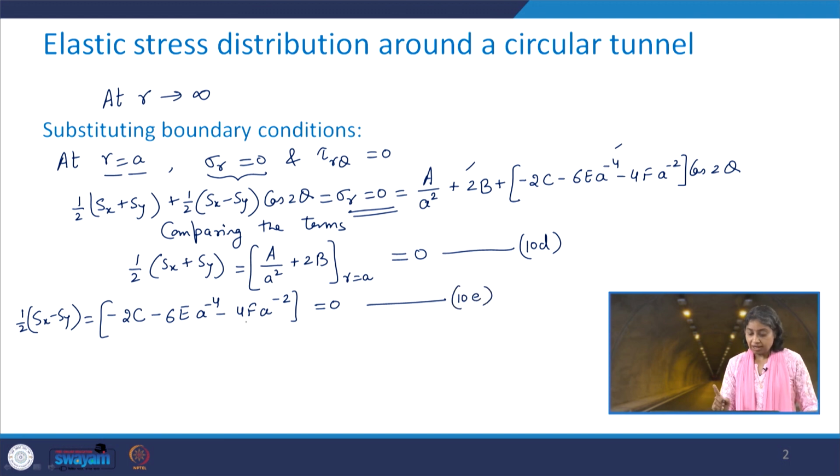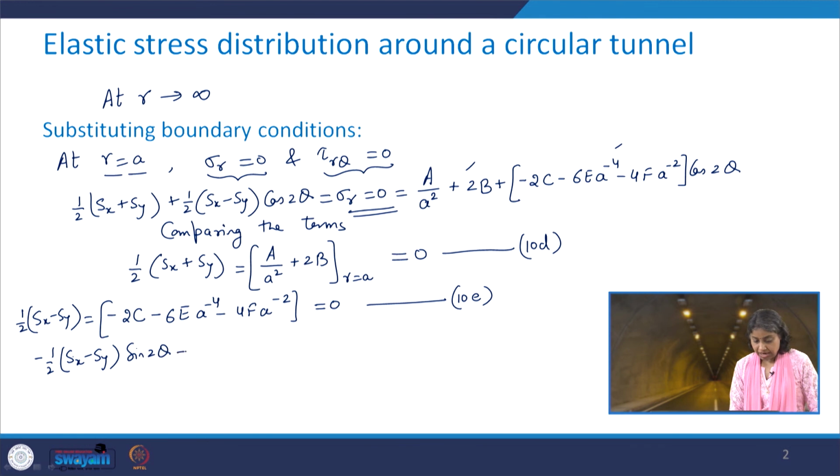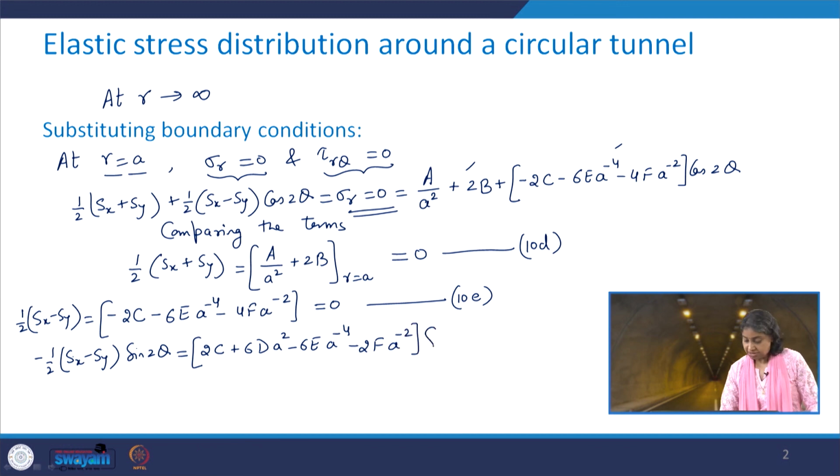We have another condition, that is tau r theta equal to 0. We do a similar exercise with reference to that. What we are going to get is half (Sx minus Sy) sine 2 theta, which would be equal to 2C plus 6D a square minus 6E a to the power minus 4 minus 2F a to the power minus 2, sine 2 theta, and of course this is going to be equal to 0 because it is the stress free boundary.